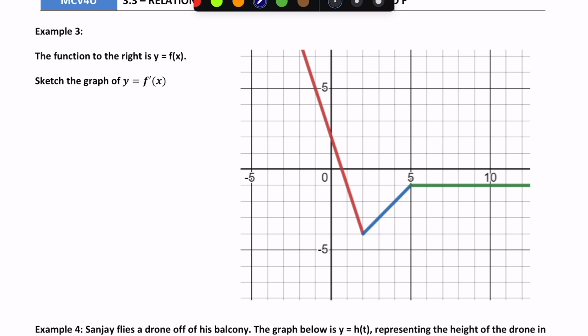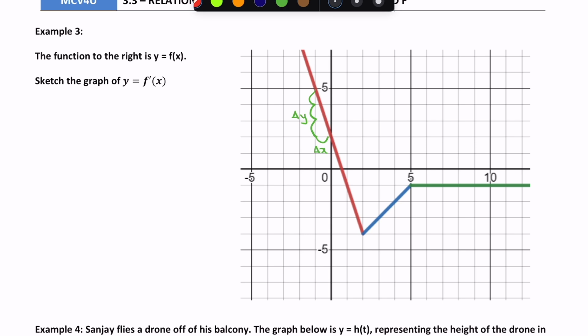We can find the slope here. We can use the graph: we go down 1, 2, 3, and we go over 1. So here we have our delta y over delta x, which is another way to find slope.